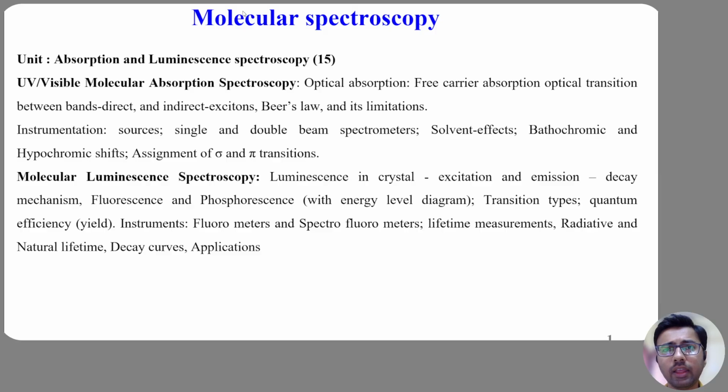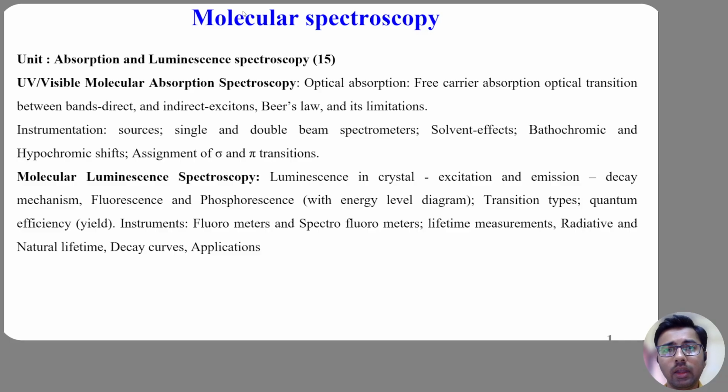We will analyze two important emission processes. First one is fluorescence, a fast emission process, and second one is phosphorescence, a slower emission process involving spin forbidden transitions. Using energy level diagrams, we will understand singlet and triplet states and intersystem crossing.